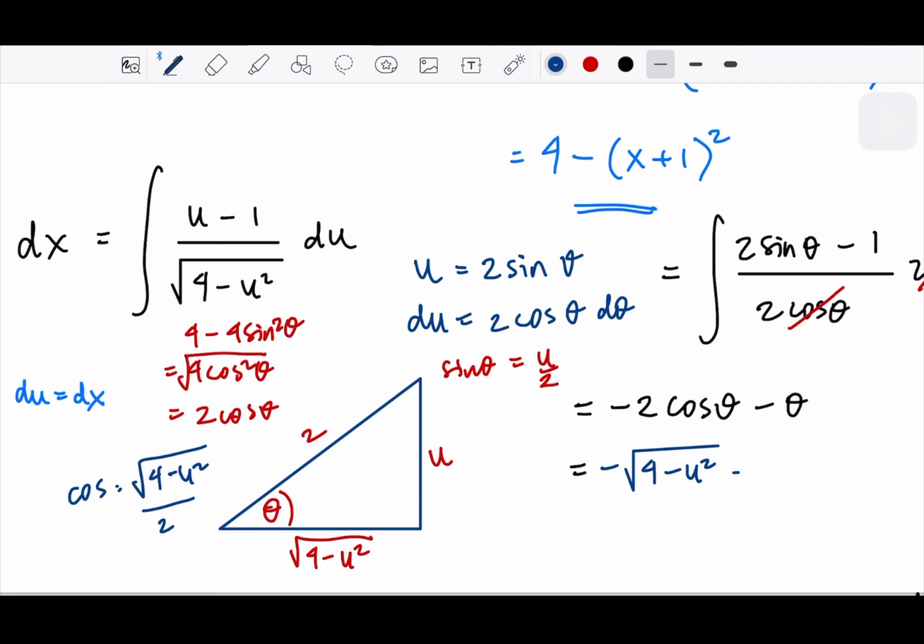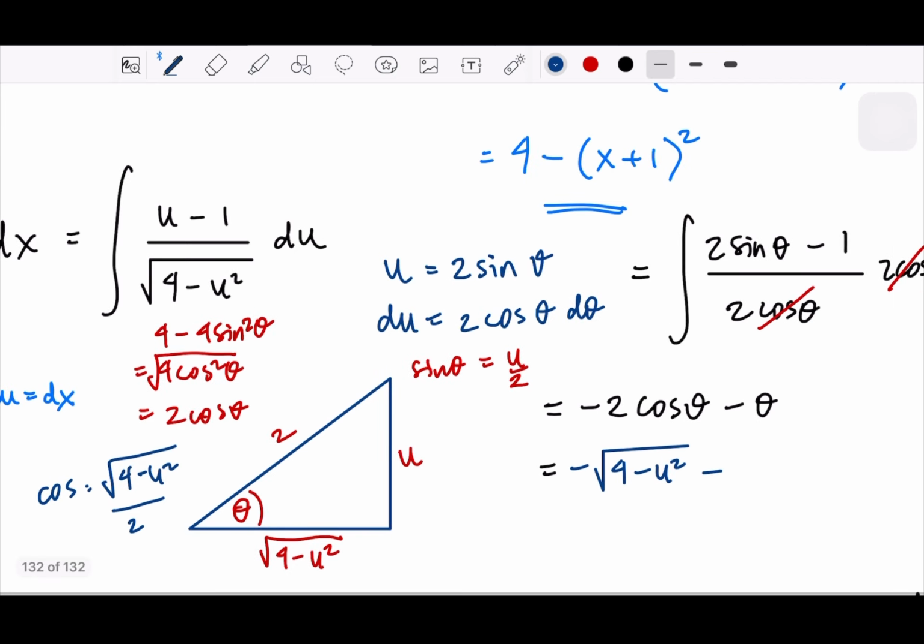And theta is just the inverse sine of u over 2.